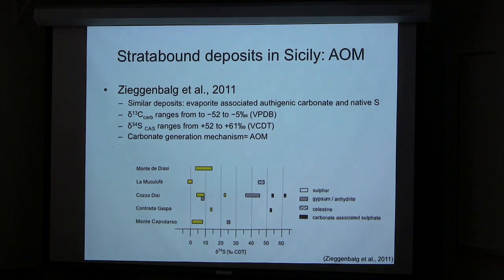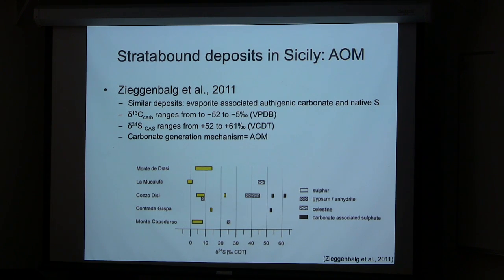And so they used the same proxies that we did also to determine the generation mechanism for these authigenic carbonates. And they ended up with really similar results. Their carbon isotopes range from about negative 52 to negative 5 per mil, indicating methane as the predominant source. Their sulfur isotopes of carbonate-associated sulfate were very enriched, ranging from about positive 52 to positive 61 per mil. And they also interpreted that the carbonate generation mechanism occurring within these stratabound deposits was through the anaerobic oxidation of methane.